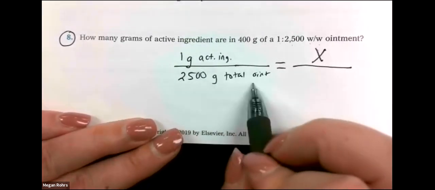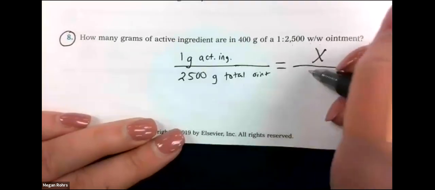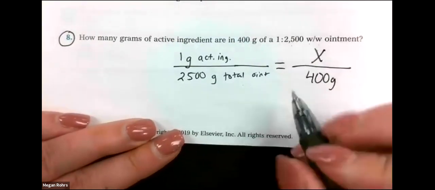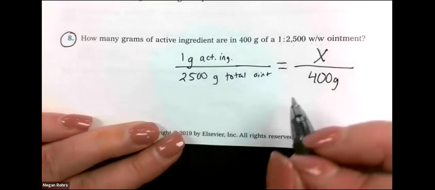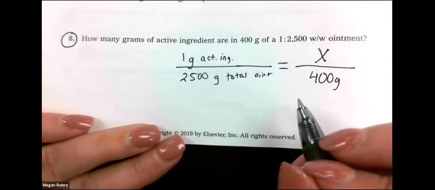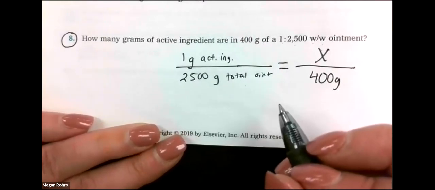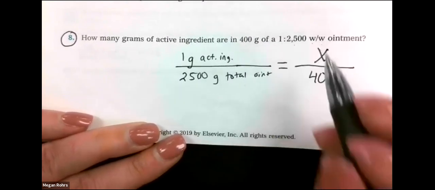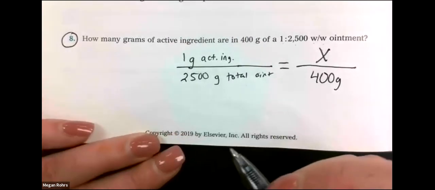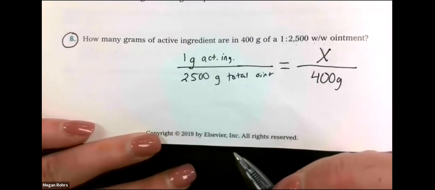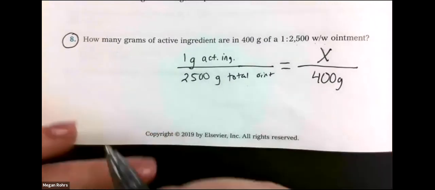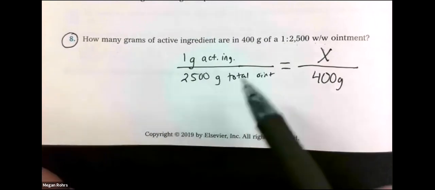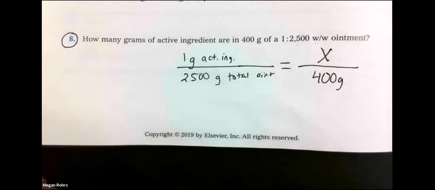Well, our grams of total ointment are on the bottom. So that's where our 400 grams must go. So especially on your worksheet this week, really make sure that you're reading the questions carefully, especially when it comes to the weight per weight or the volume per volume calculations there. And then for this one, you should be able to solve for X on your own. I just wanted to make sure that you knew how to get that set up.